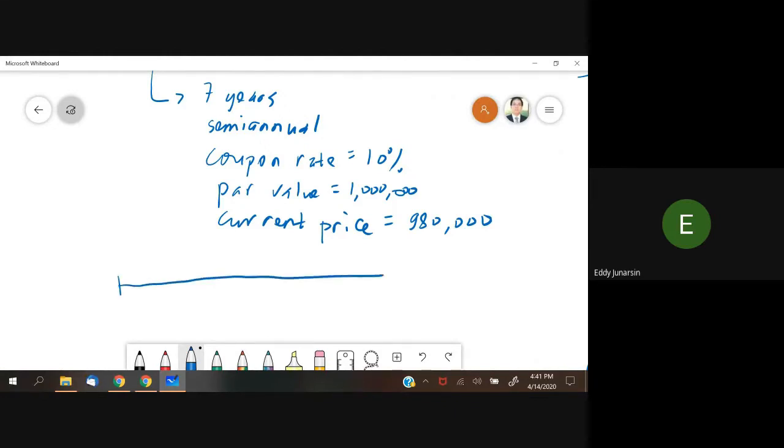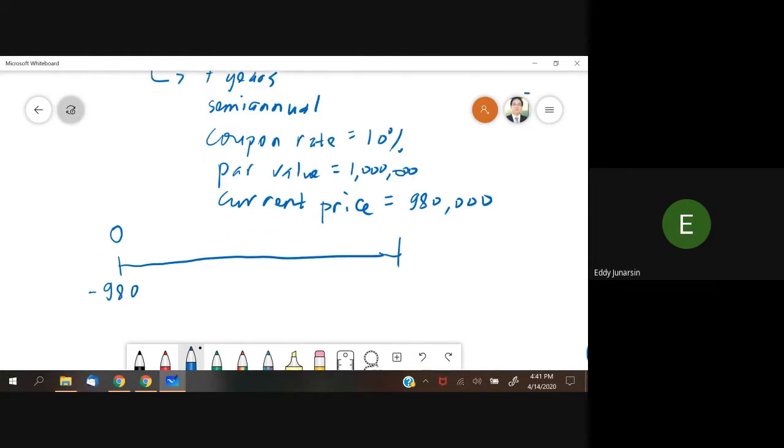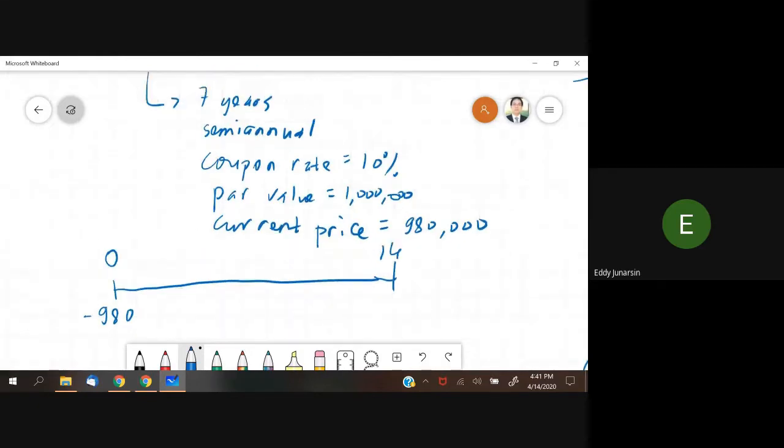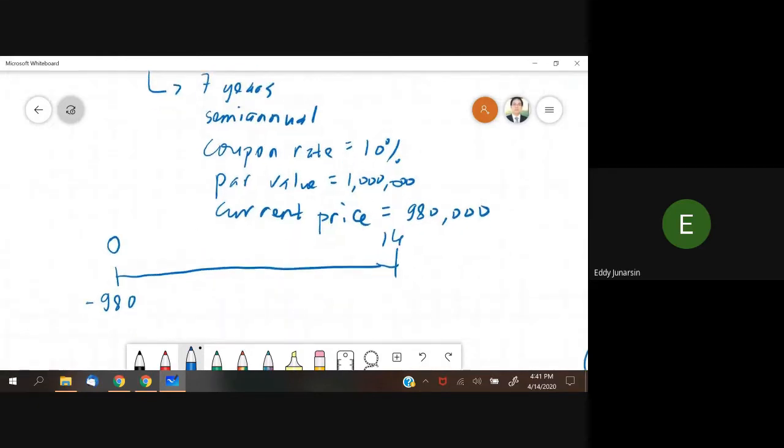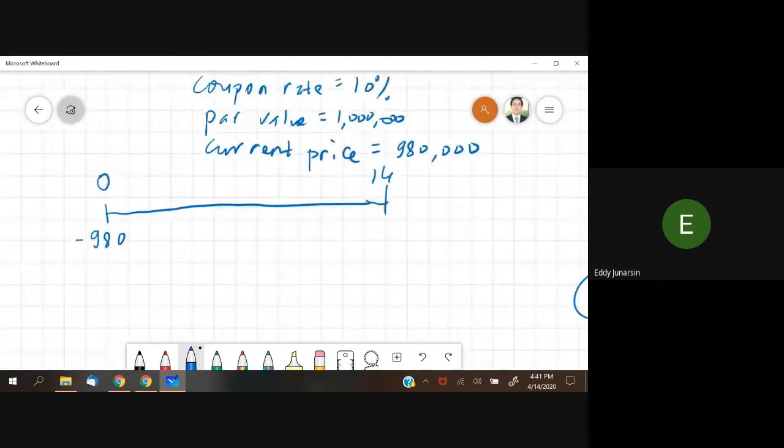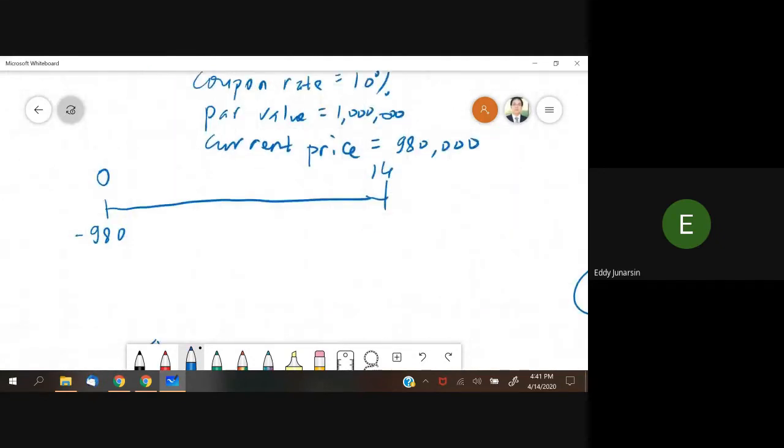So we could draw this. The current price is 980,000, and we still have 7 years to go, but semi-annual, so we have 14 periods. At the end of period 14, we will get 1 million.